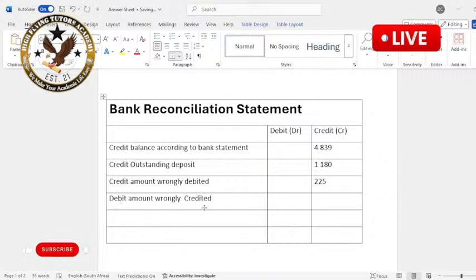So we say debit amount wrongly credited, so it's 680, right?